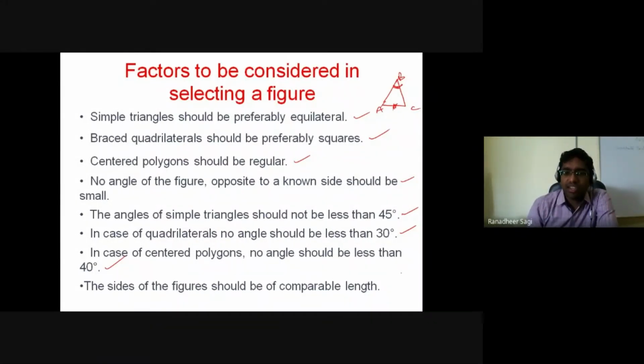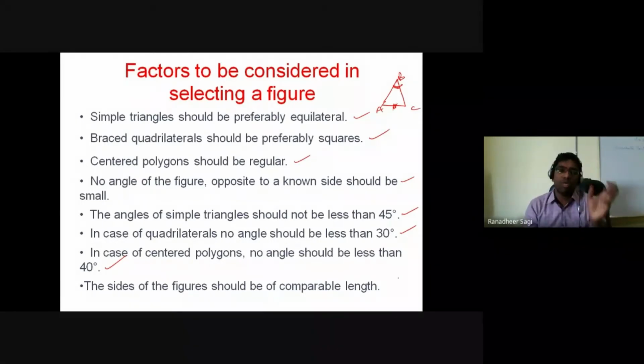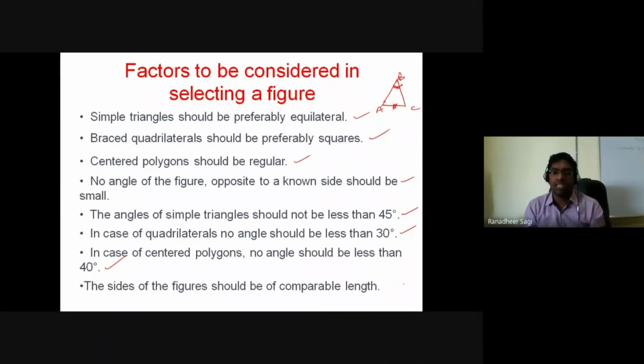And the sides of the figure, it could be a triangle, a braced quadrilateral, or a centered polygon, should be of comparable length. Should be of comparable length means, let's say if I am looking at a simple triangle, two sides of the triangle should not be very big, and one side of the triangle should not be very small. Okay.